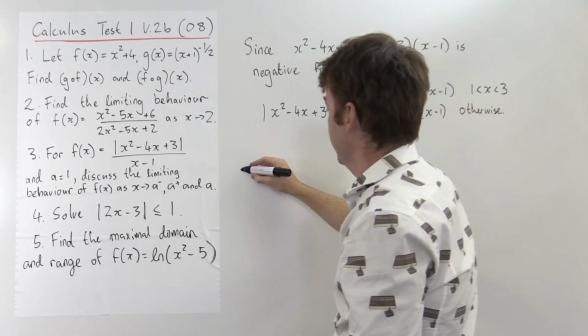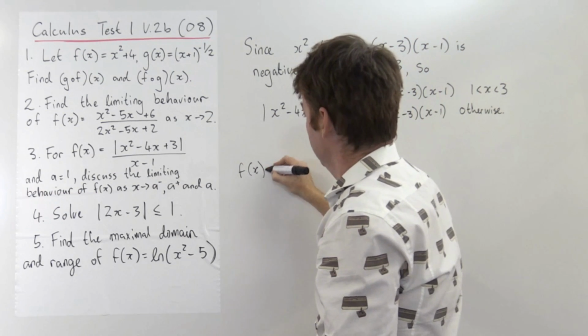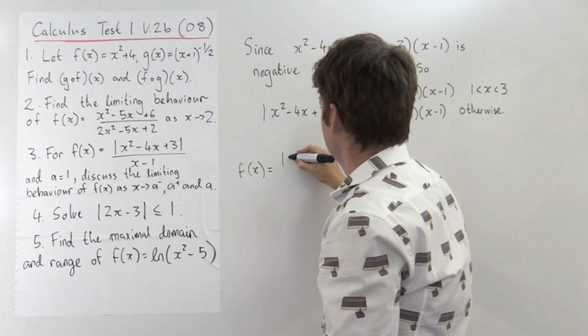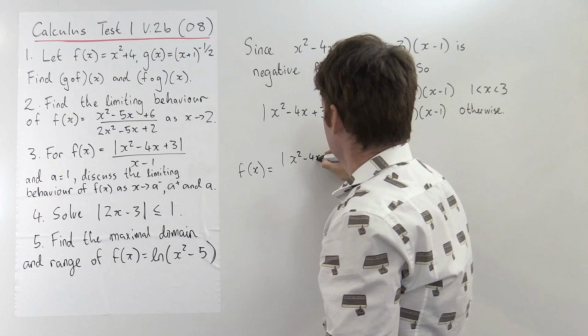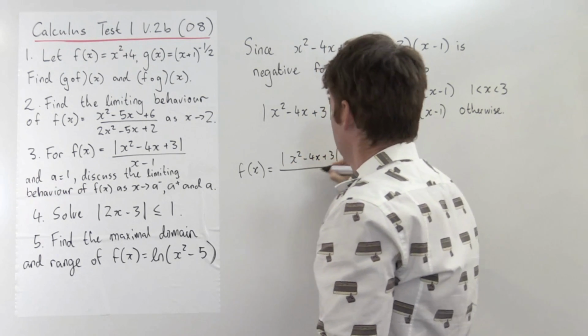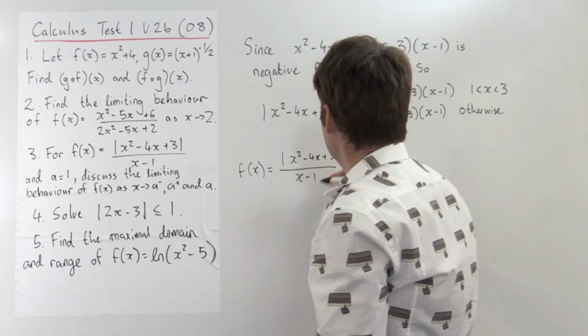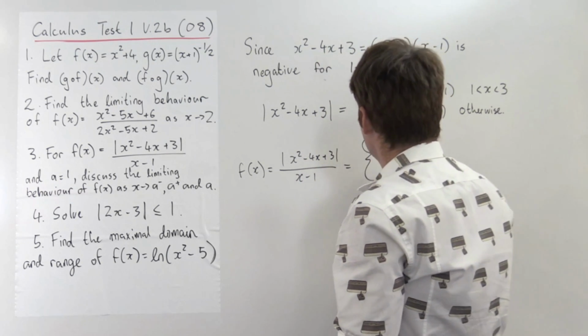And the function f of x, being equal to the absolute value of x squared minus 4 x plus 3, is then either equal to one expression or another.